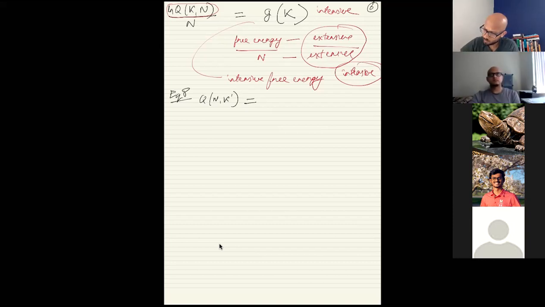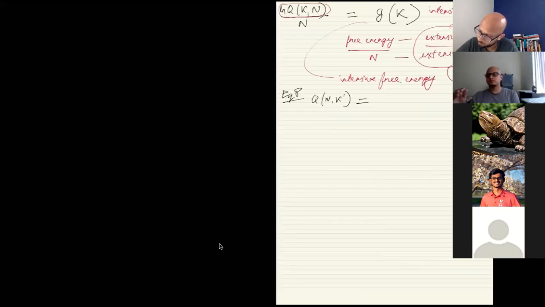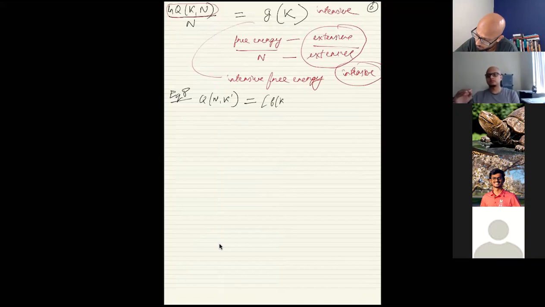So now equation 8 was Q of n comma k prime is equal to f of k to the power n by 2, summation over S1, S3, S5, e to the power k prime times S1 S3 plus S3 S5 plus S5 S7 plus dot dot dot. Okay.